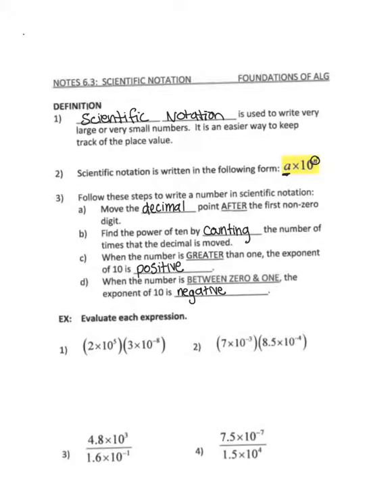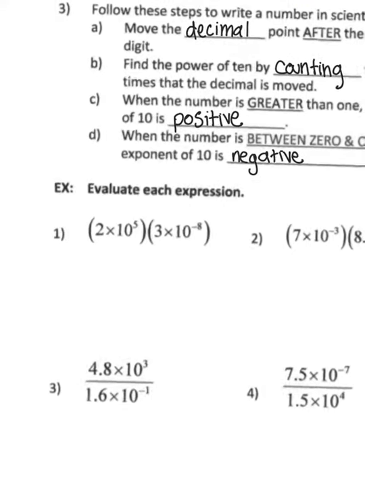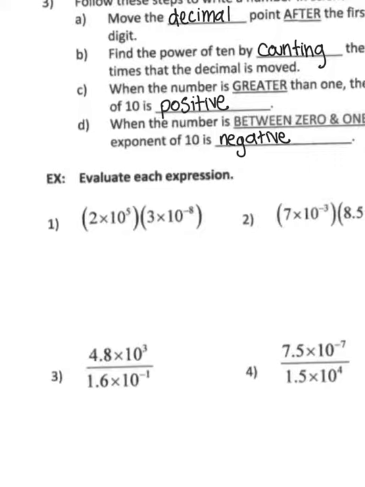Okay, so now that we have our steps written down, let's look at a few examples down here. Number 1, we have 2 times 10 to the 5th times 3 times 10 to the negative 8th. The first thing we're going to do is multiply our numbers together. So we have 2 times 3, which gives me 6. And then when I multiply my two 10s together, my 10 is a like base.